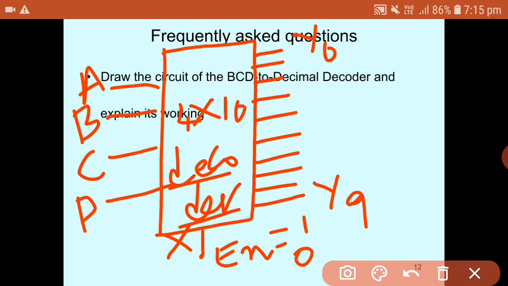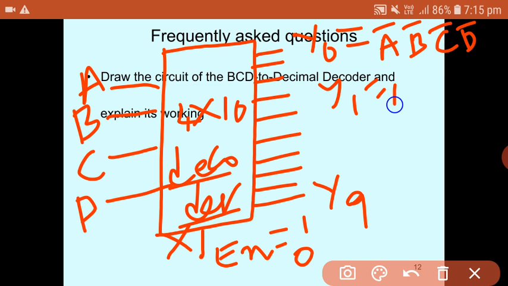Okay, so this is the block diagram of a BCD to decimal decoder, and after that you need to write down the expressions for each and every output. Y0 is equal to A bar, B bar, C bar, D bar. Similarly, Y1 is equal to A bar, B bar, C bar, D, and so on.